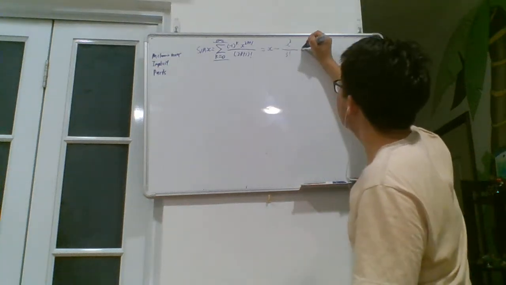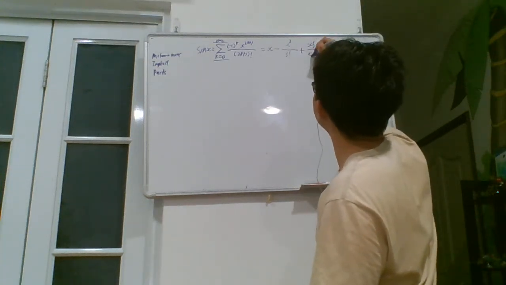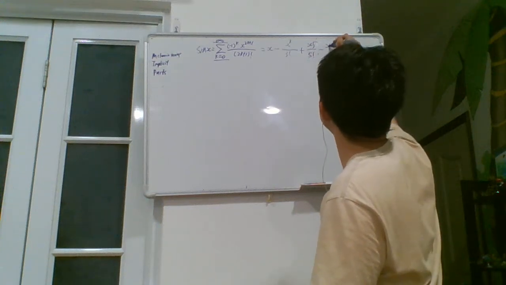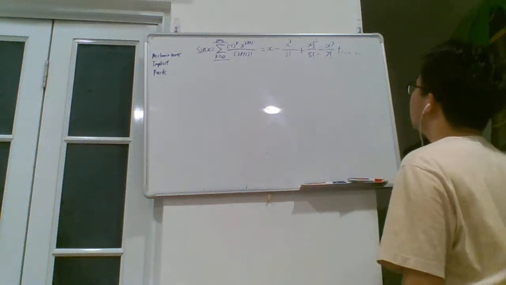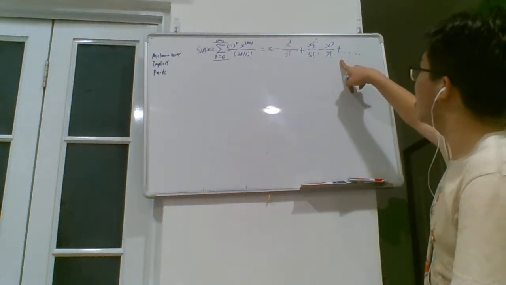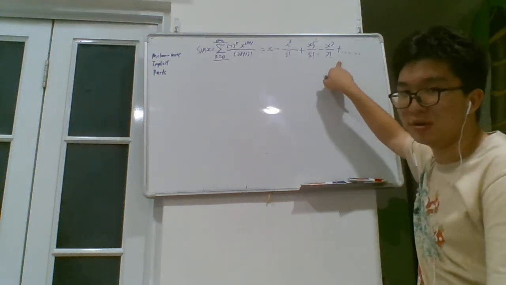And you will realize that this will alternate between minus and plus infinitely. So if I were to write out the next term, it would be x power 9 over 9 factorial.